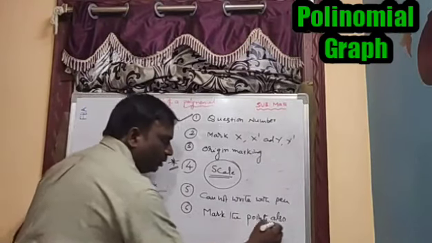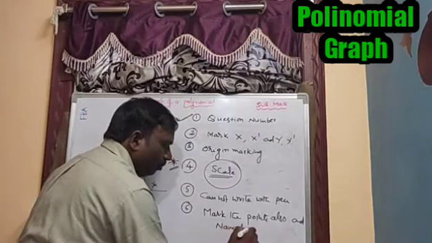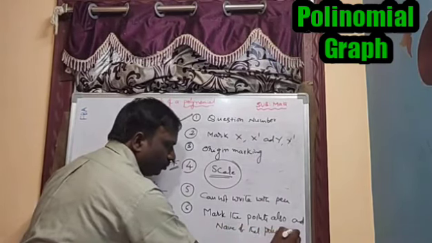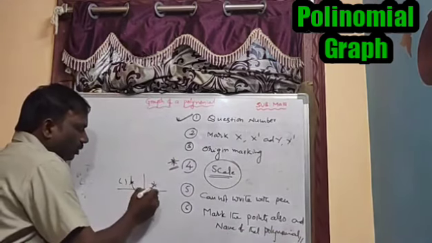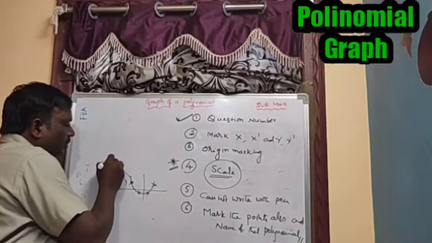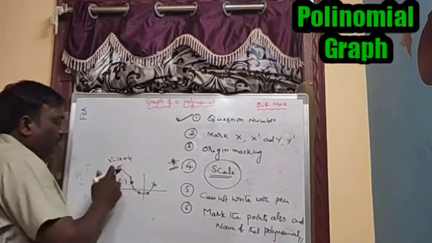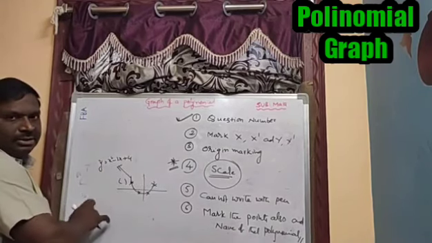Mark the point also and name of that polynomial. Name of that polynomial also. So here you can mark the polynomial name. So that is x square minus 3x plus 4. So name of the polynomial y equal to. So you can mark like this.